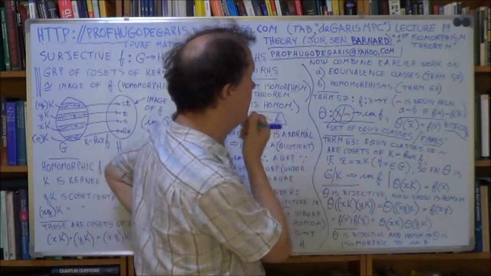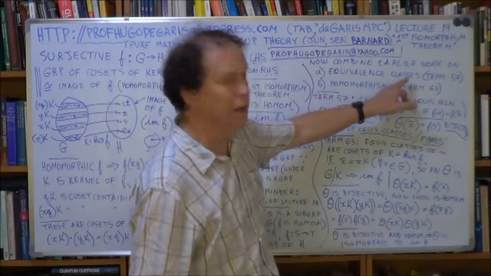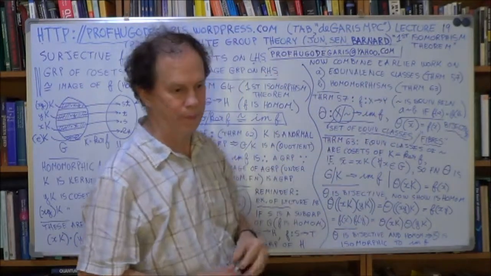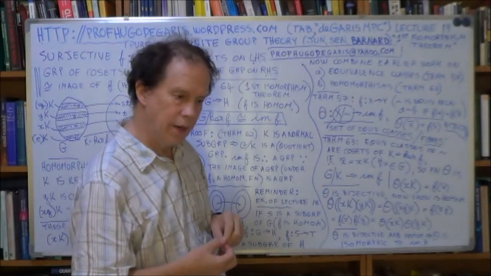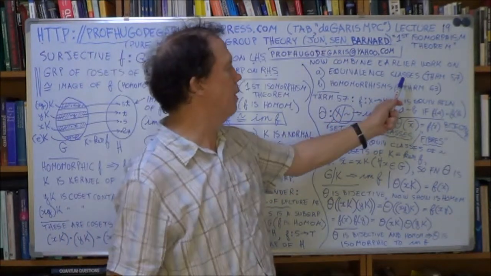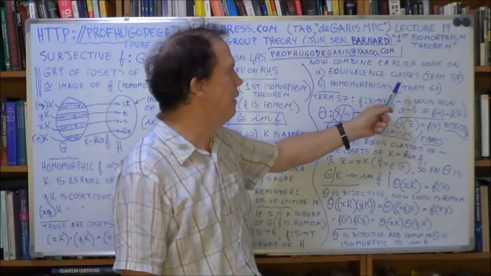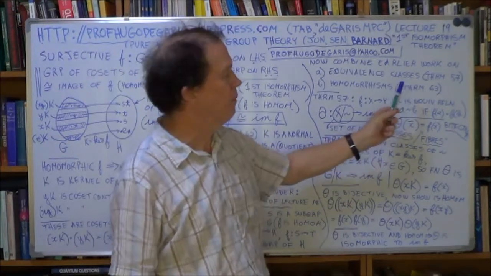Theorem 57. What's it saying? Now it's about equivalence classes. Well, just briefly, what is an equivalence class? You could replace the word class by subset, right? It's just a different word for the same thing. So you could be talking about equivalence subsets.